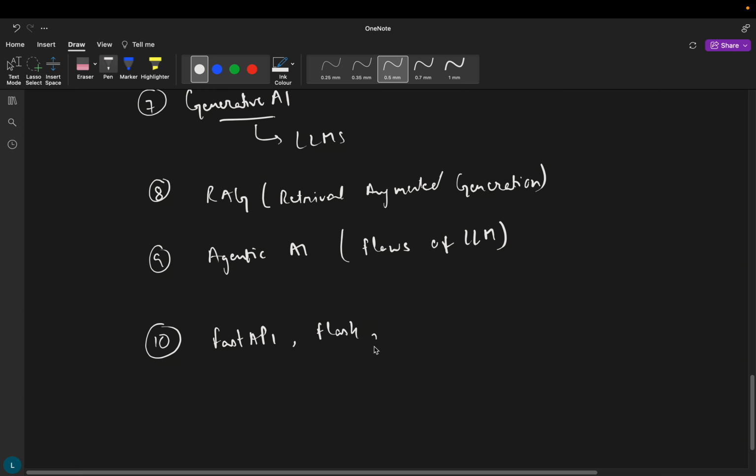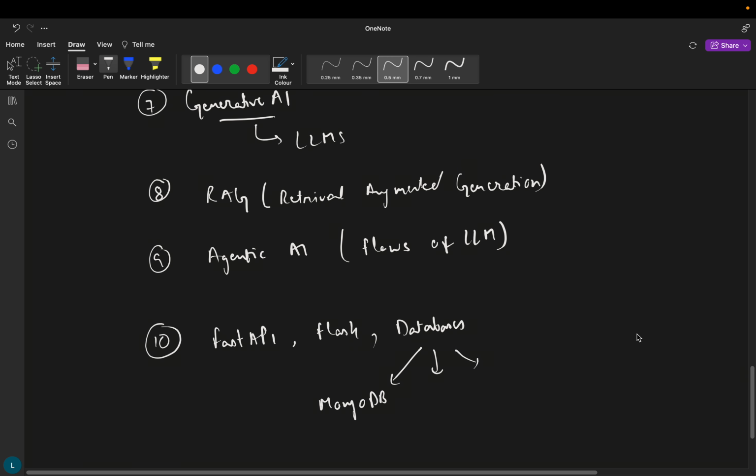After FastAPI and Flask, you can also learn about databases, which is a very important concept in the data science field. There are many databases like MongoDB, Postgres, SQL and many more.